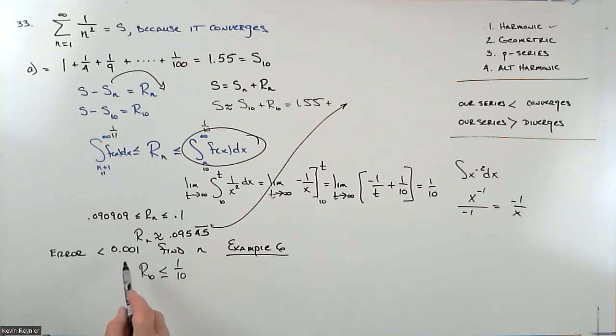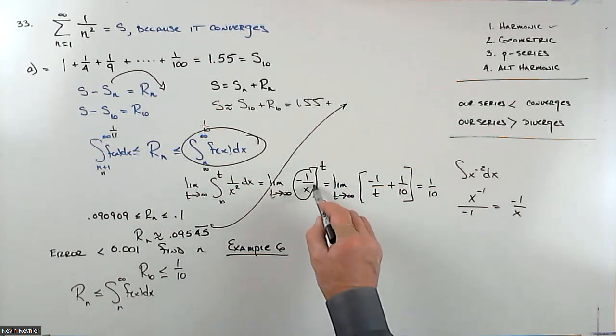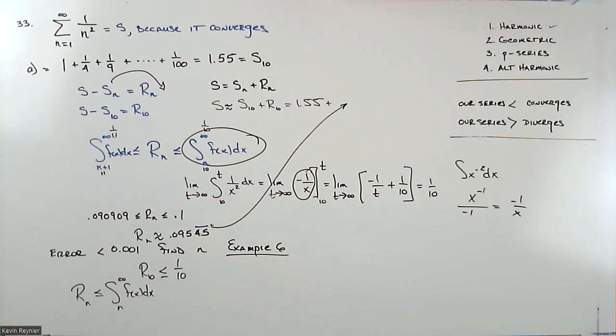We want to find n to make it at least less than this, right? We know R sub n is less than or equal to the integral from n to infinity of f of x dx. And we took that integral, right? We came up with this for that integral, didn't we?